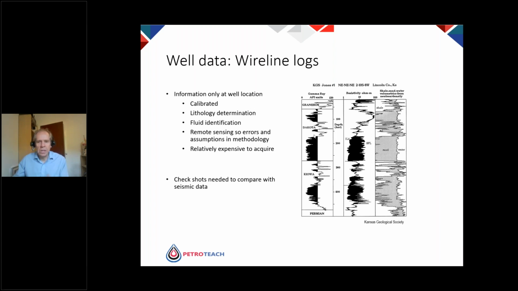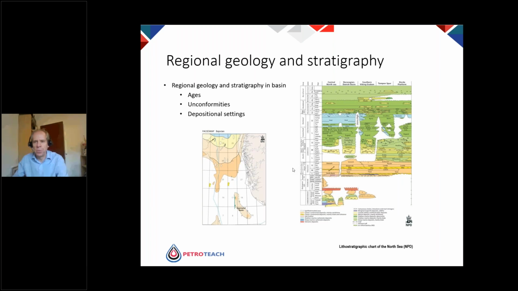The kind of logs I'm interested in are sonic, shear sonic, density, and then things like gamma ray and caliper logs are useful. And if I've got saturation logs, porosity logs, all these things can be brought in there. But I'm only going to have those data points at the wells, and they're going to fit into this prior model.